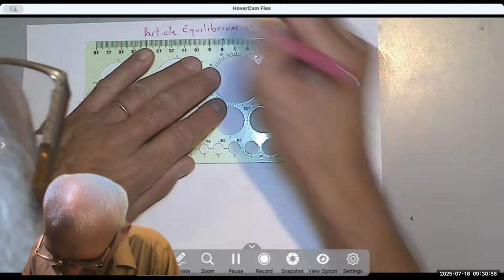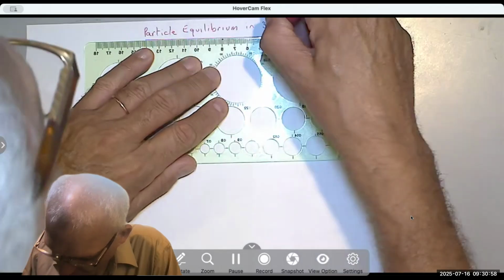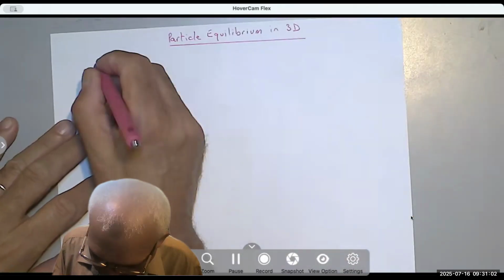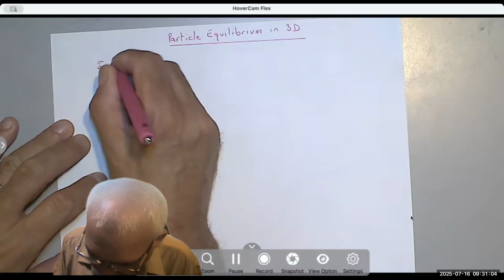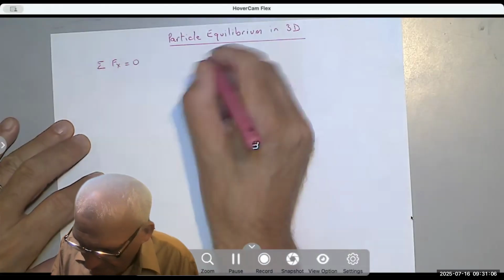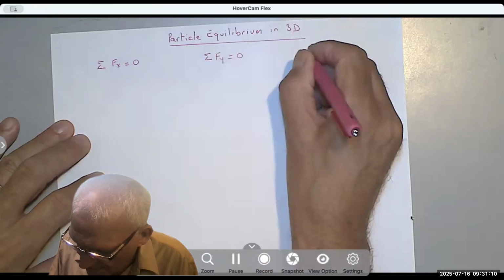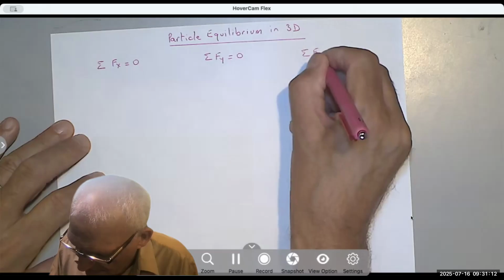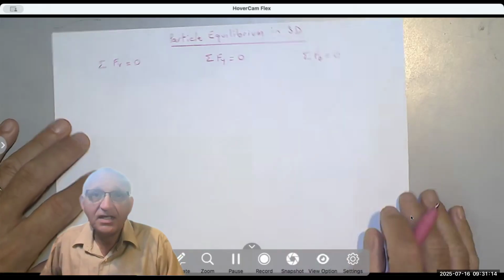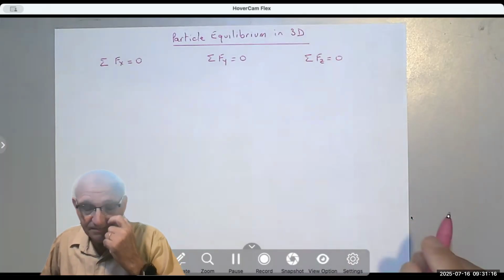So as we said, we have three equations of equilibrium. The first two are exactly identical to the 2D. So we say summation of the forces along the x equals 0, summation of the forces along the y-axis equals 0, and the summation of the forces along the z-axis equals 0. Three equations in three unknowns.